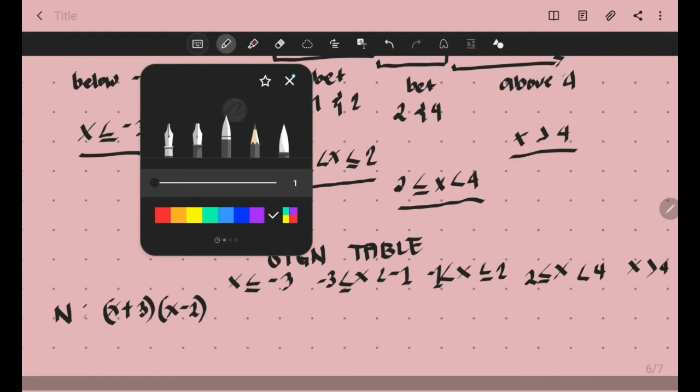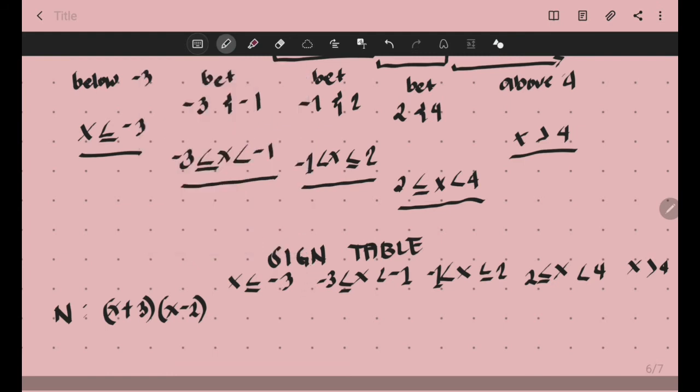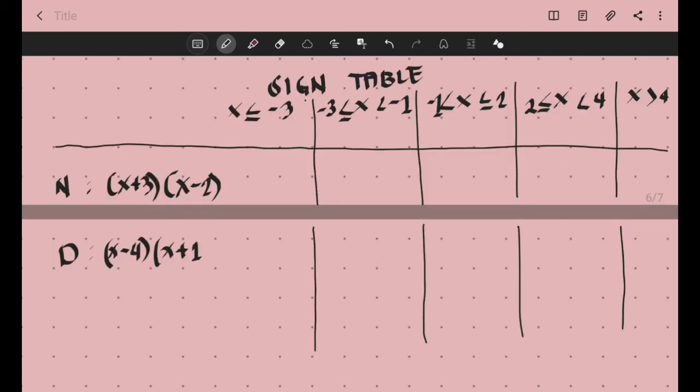Okay. So, this time, magse-select na tayo ng tinatawag nating test values or testing points. Let us have the test values or testing points na dapat they belong with the intervals. So, let's say we have x is less than or equal to negative 3. Let us set the value of x or the test value as negative 4. And for the next testing point that is between negative 3 and negative 1, let us have, let's say, negative 2.